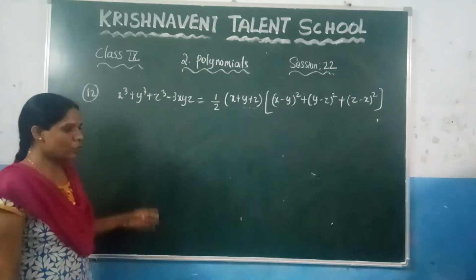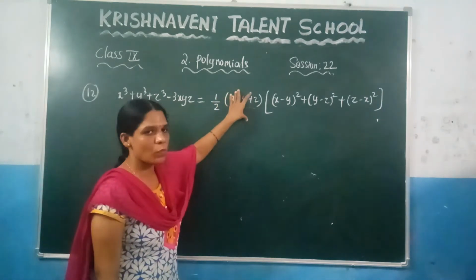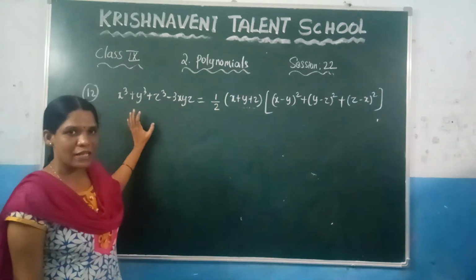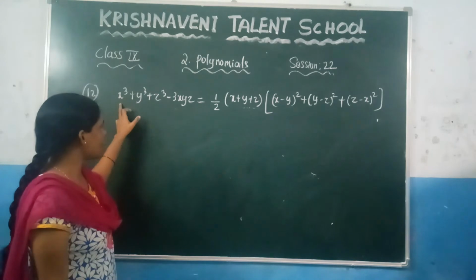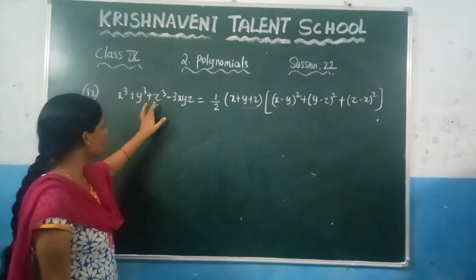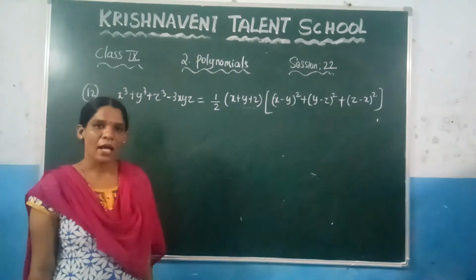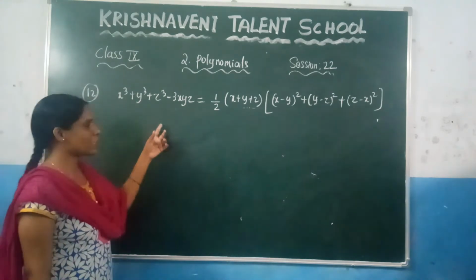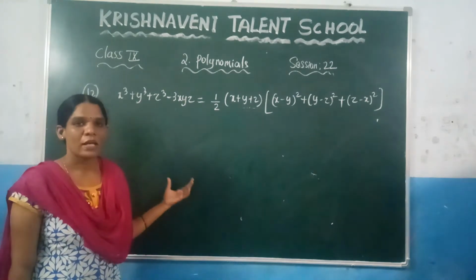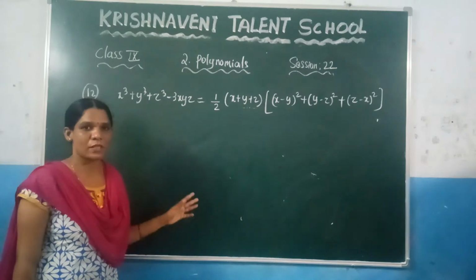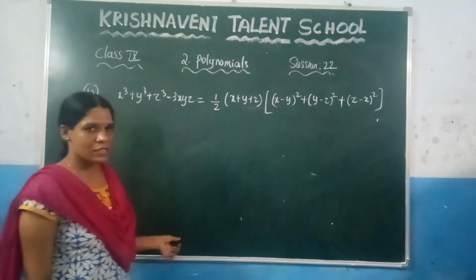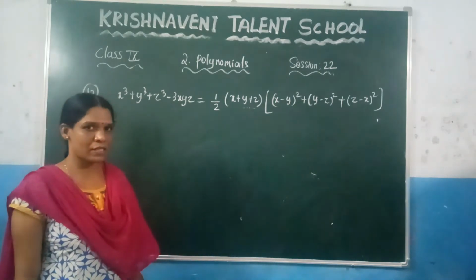So how do you prove this equation? You can observe that the LHS part here is x cube plus y cube plus z cube minus 3xyz. And you know that this formula, which we proved just before, is x plus y plus z into x square plus y square plus z square minus xy minus yz and minus zx.